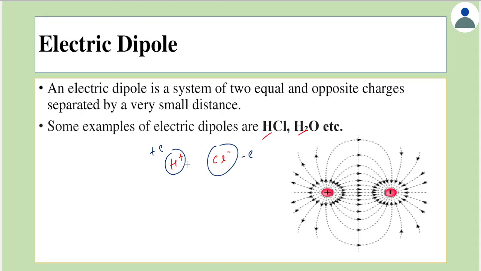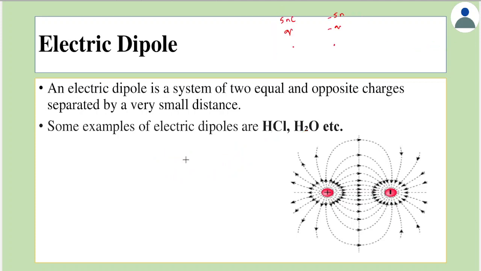Keep in mind that the charges may have different masses also, but what is more important is they should have the same charges. So don't be under the impression that a dipole should have equal mass also. The masses can be equal or may not be equal, but practically in most cases the masses are unequal.